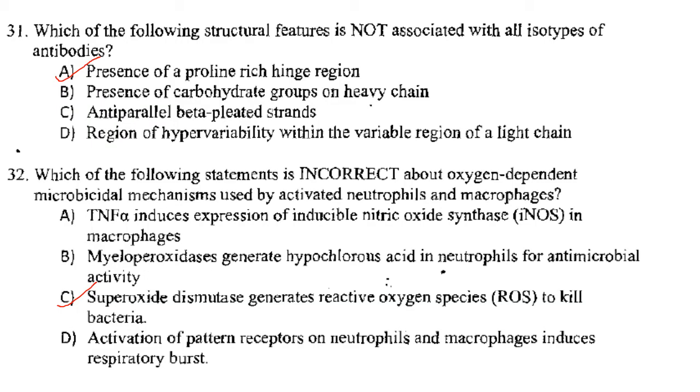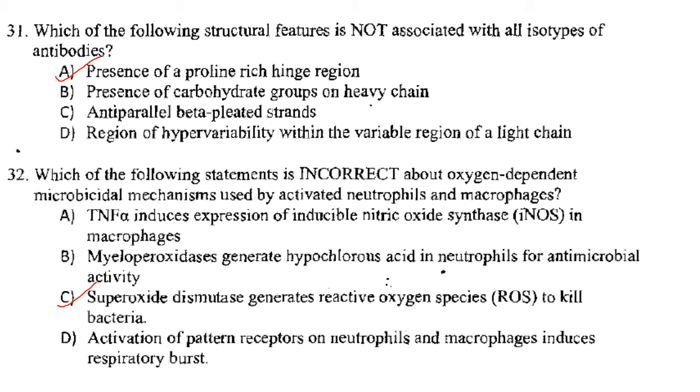Then next one. Which of the following structural features is not associated with all isotypes of antibodies? Presence of proline-rich hinge region, presence of carbohydrate groups on heavy chains, yes. Antiparallel beta-pleated strands, yes. Region of hypervariability within the variable region of a light chain, that is also correct. Will be seen in all isotypes. Now before that, what are these isotypes?